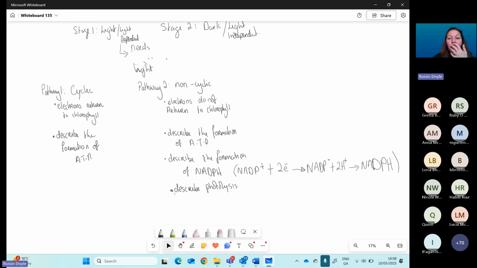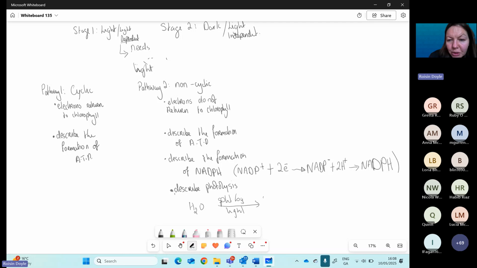Okay, and then you describe photolysis. Photolysis is the splitting of water by light into its 3 constituents. So what happens is water gets split by sunlight. What does it get split into?